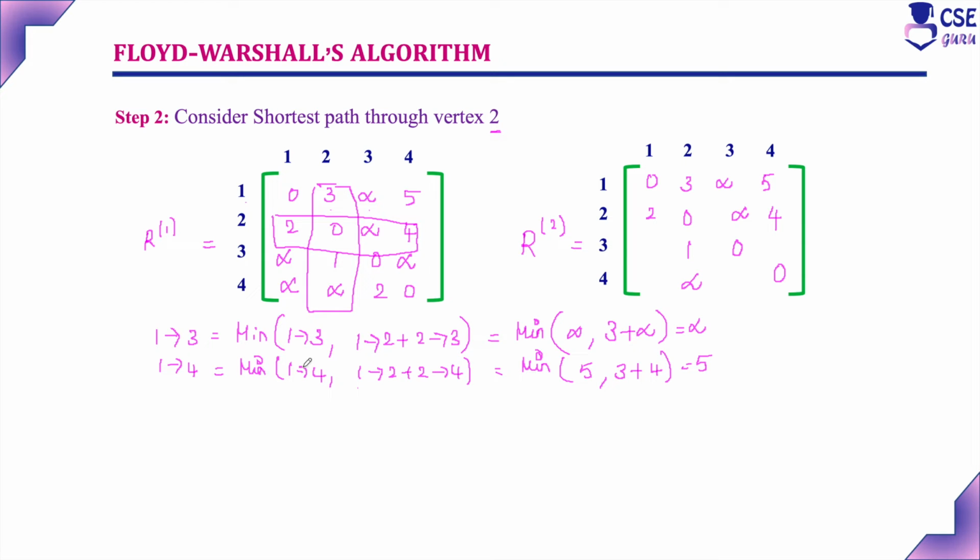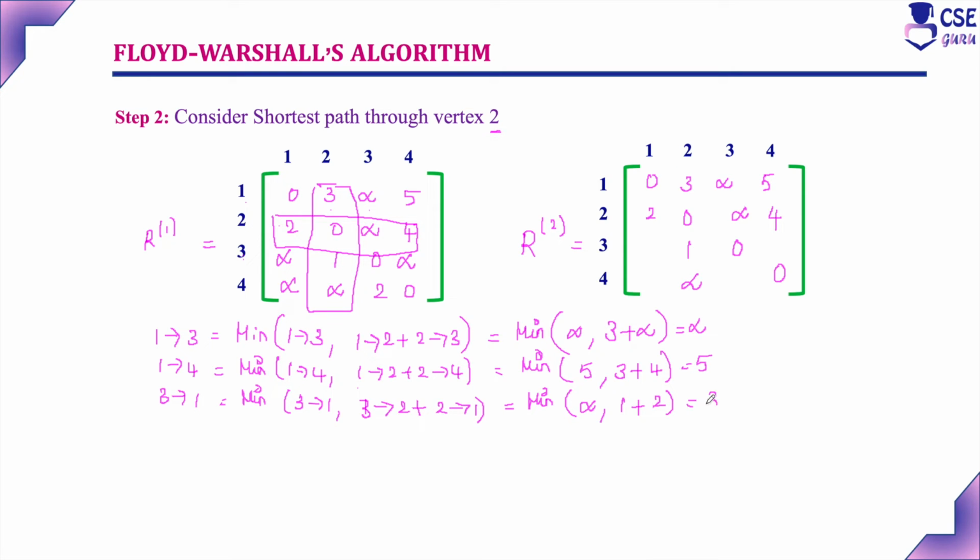Next 3 to 1. Minimum of 3 to 1, comma, through the vertex 2. So, 3 to 2 plus 2 to 1. Here, just we need to insert the vertex 2 and we need to add the cost. 3 to 1, already the distance is infinite. 3 to 2, distance is 1 plus 2 to 1, distance is 2.